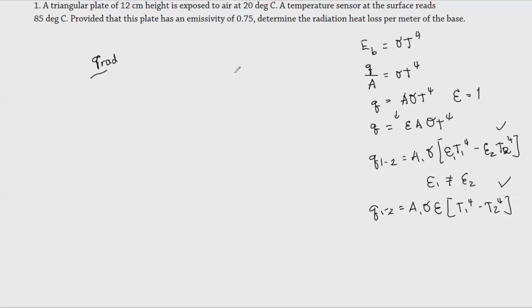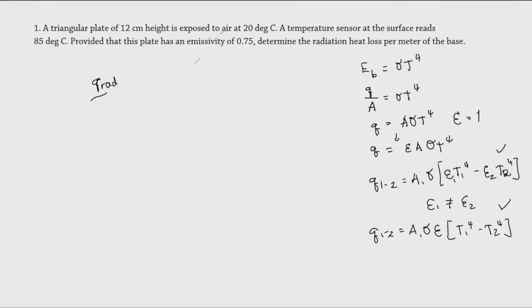Now in the problem, as you read, we can see that we're given just one emissivity, and with that we can assume that this is constant along the temperatures of 20 and 85. So to solve for this, we have the radiation that is equal to area and then the Stefan Boltzmann constant and then the emissivity and then the temperatures raised to the 4th power.